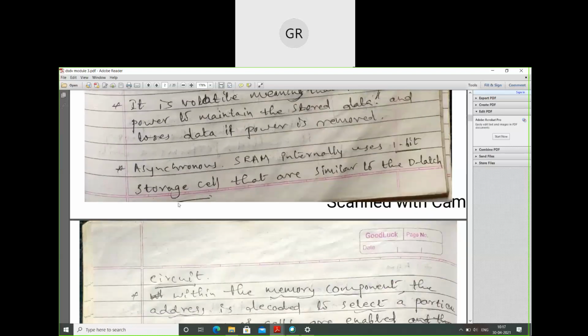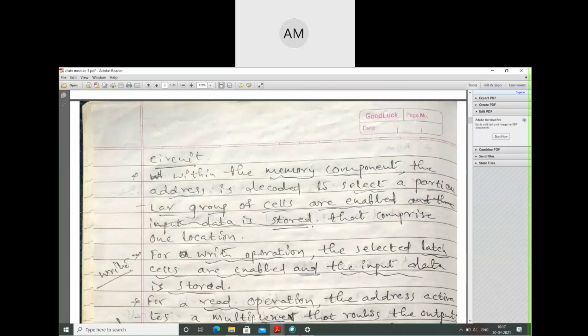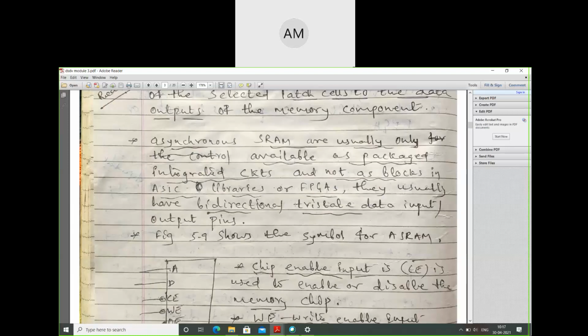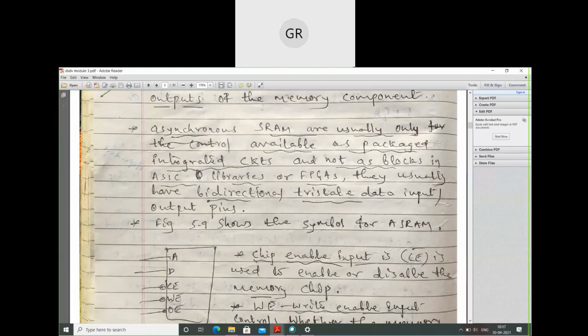Asynchronous SRAM internally uses 1-bit storage cells that are similar to the D latch circuit. It is usually available as packaged integrated circuits, and not as blocks in ASIC libraries or FPGAs. They usually have bidirectional tri-state data input and output pins.